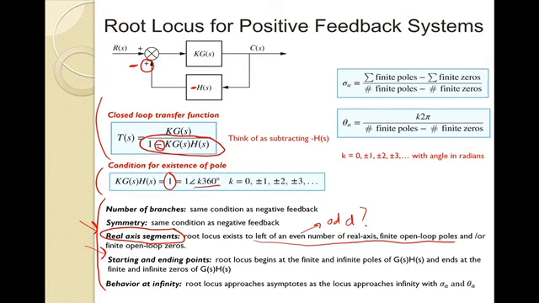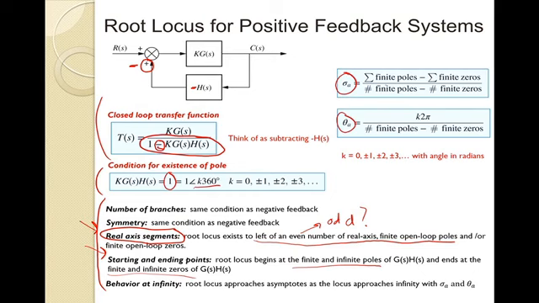Similarly for the starting and ending points, in this case, root locus begins at finite and infinite poles, same, and ends at finite or infinite zeros. So that looks very similar to the negative feedback case. And then finally, the behavior at infinity. Root locus approaches the asymptotes as the locus approaches infinity with this intercept and then this angle. So again, go back and you can look at this.